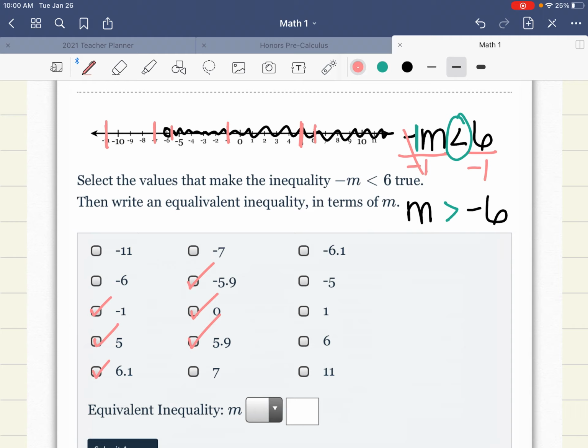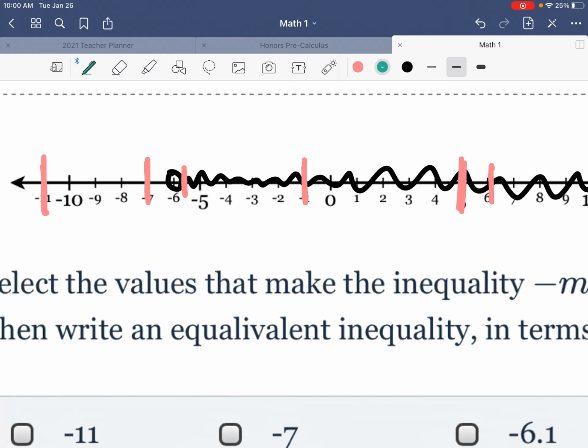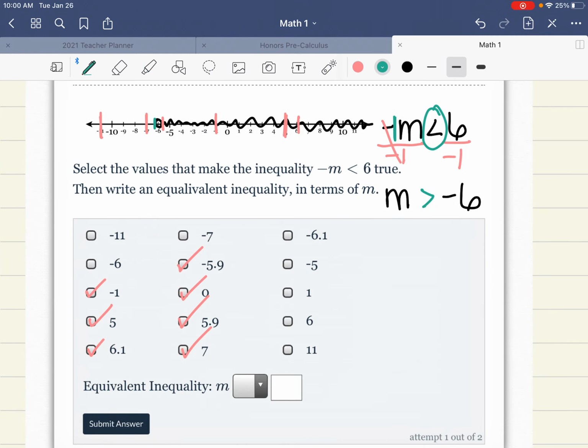We have 0, so 5.9, 7. So negative 6.1, so I'm going to zoom in here so you can see. So negative 6.1 is just below the negative 6, so it does not fall in the shaded area. So we have negative 5, positive 1, 6, and 11.